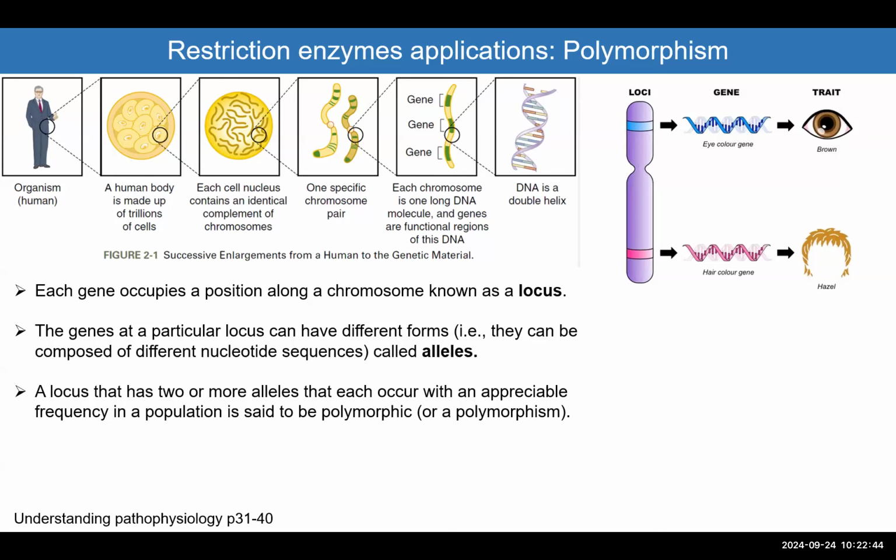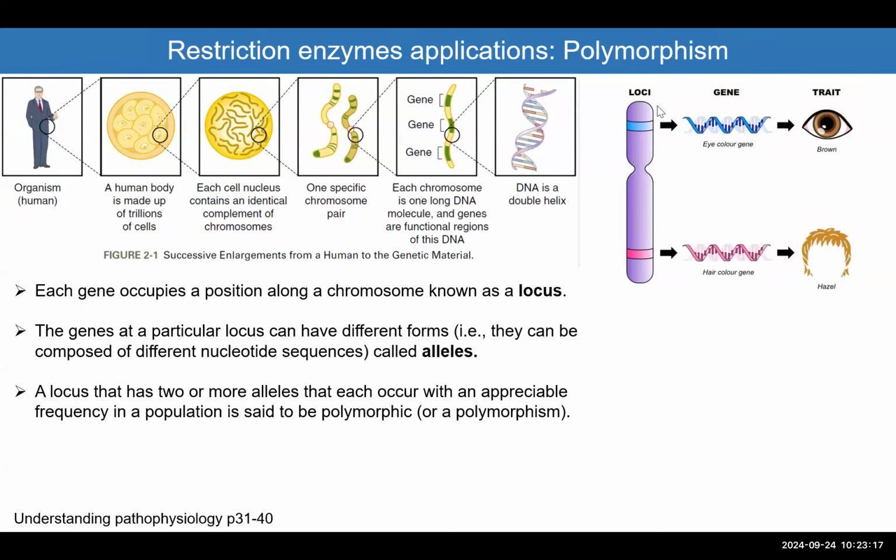Now, within those homologous chromosomes, the genes reside on similar loci. Whenever you say the word locus, it means a sequence or a gene that occupies a specific position along a chromosome. And as I said, we have two copies of the same chromosome. Therefore, we have two loci for each gene.